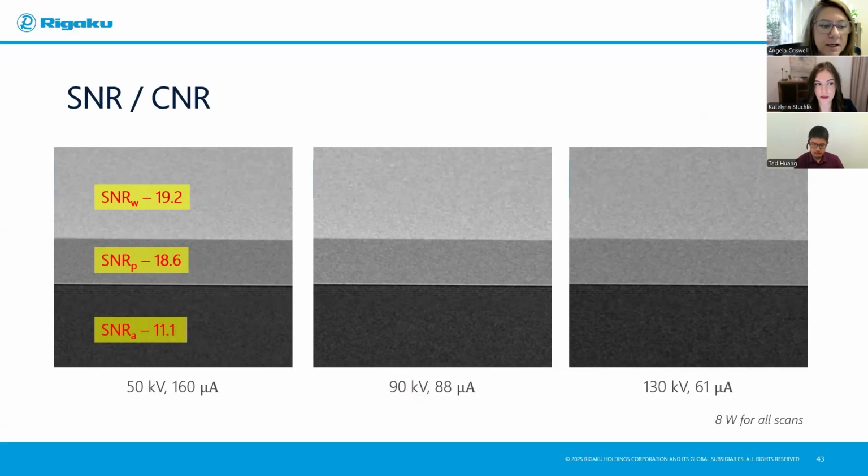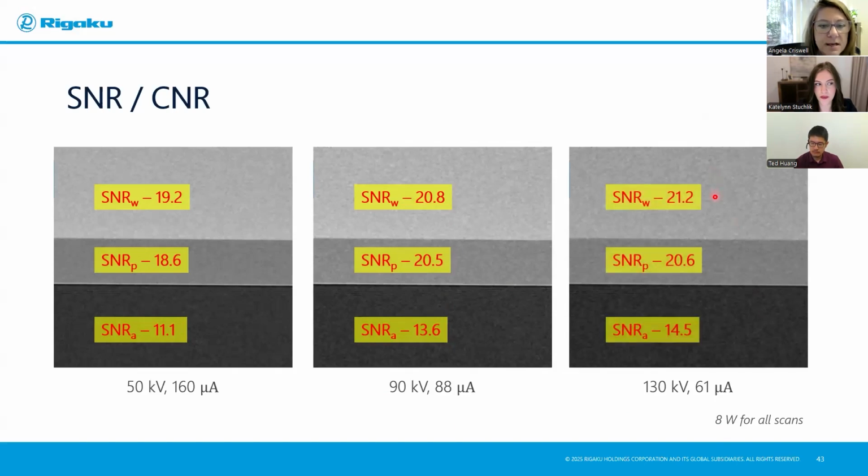If we look at the signal to noise ratio for the data collected at higher kV, but same wattage, then we see the signal to noise is higher in this case. And even still at 130 kV, it's even higher. So basically there are more photons that are transmitted through the sample if we use 130 kV versus 50 kV.